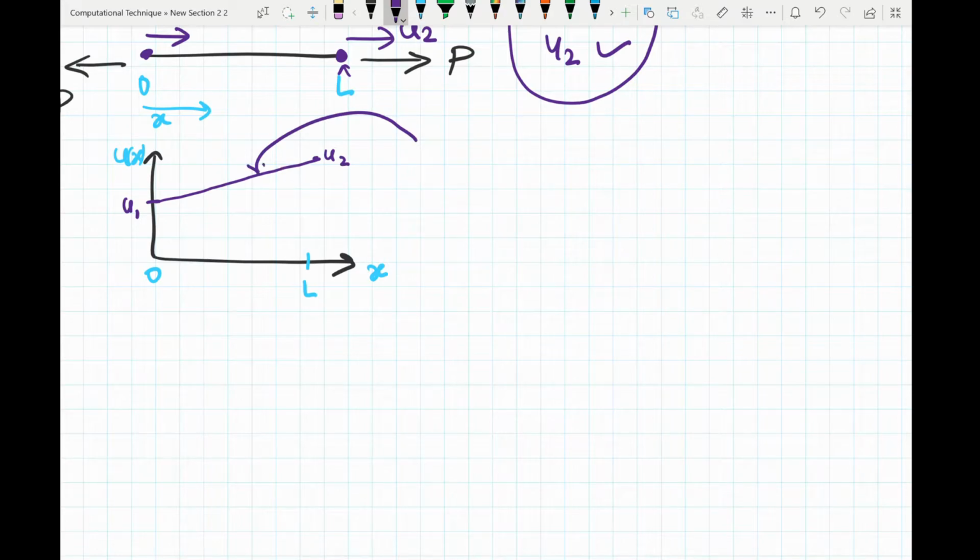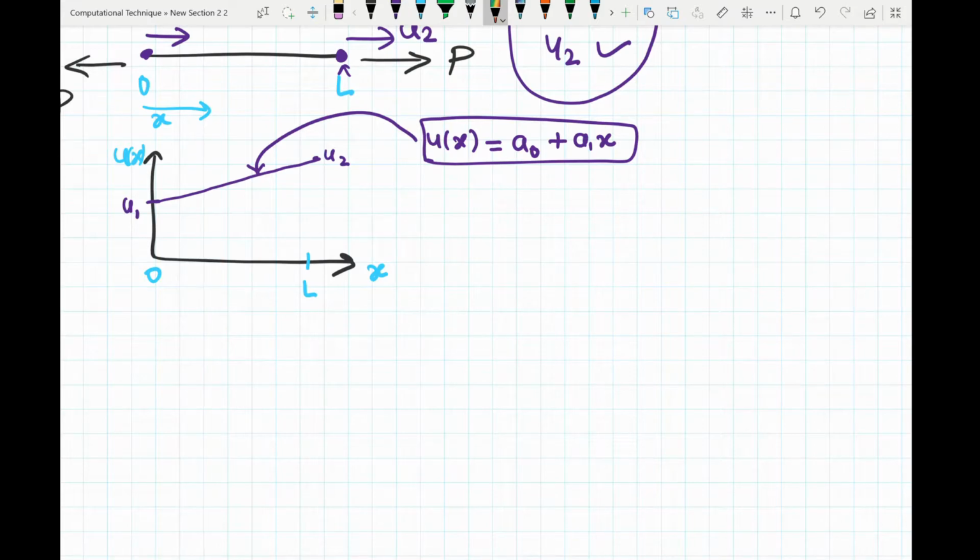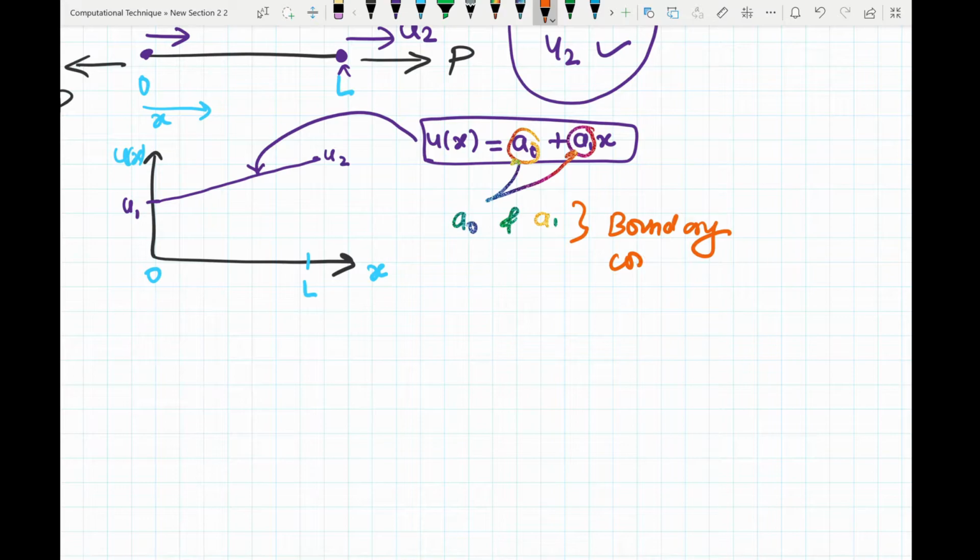Now the equation of this one will look something like u(x) equals a0 plus a1 x. You see that this is a linear equation. In this condition, we have two unknowns. Now these unknowns depend upon the degrees of freedom you have, and we have to solve for a0 and a1 depending upon your boundary conditions.